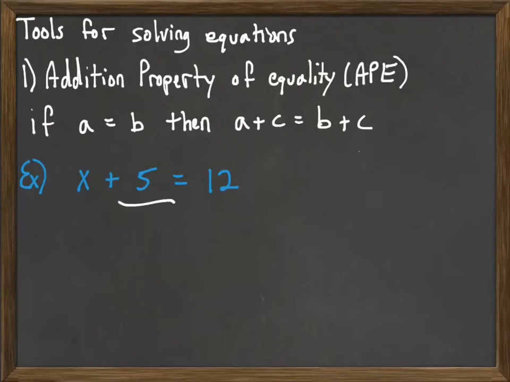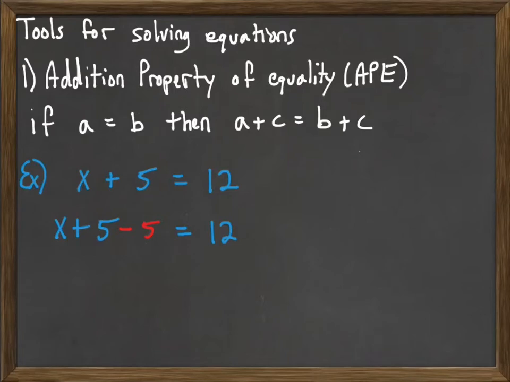We want that 5 to go away because we want to just have x equals. So towards that end, since that 5 is being added, to make it go away, I perform the opposite, which is to subtract 5. So that the 5 minus 5 completely cancels out, and we're left with just x.